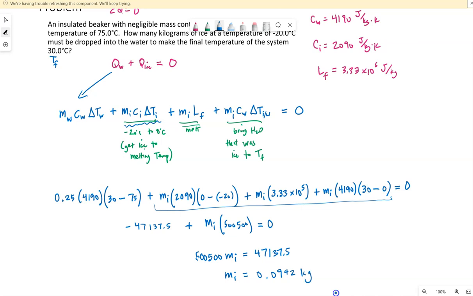This will be in kilograms, because our mass of water is in kilograms, and all the constants are in terms of kilograms. If we want, we could say 94.2 grams. Either way is fine.